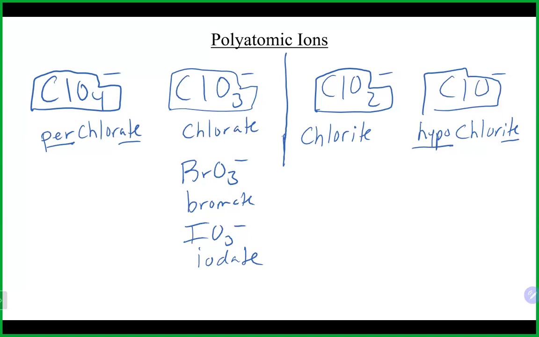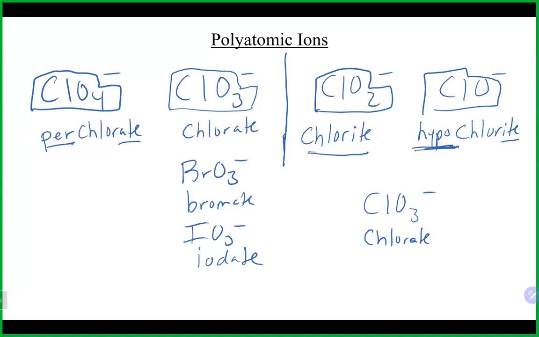Now, how could I use this to my advantage? Well, if I remembered that this right here is chlorate, right? And I needed chlorite, I should take off one oxygen, right? That would move me here. If I needed hypochlorite, I should then move two oxygens off, right? It's two down the road there, and you would have it there.